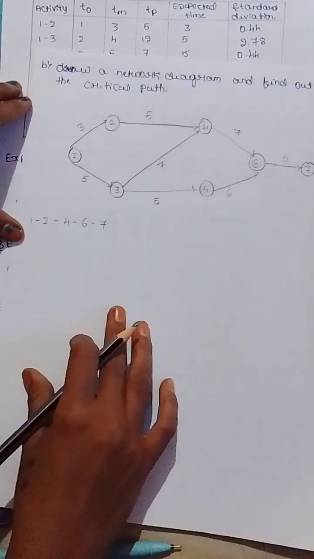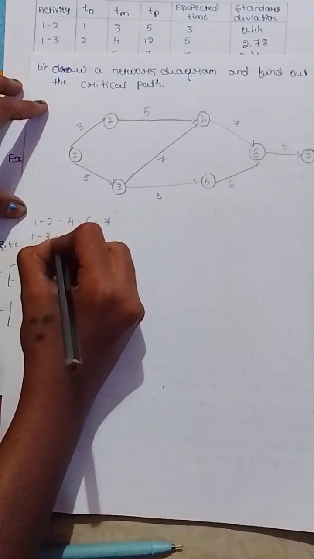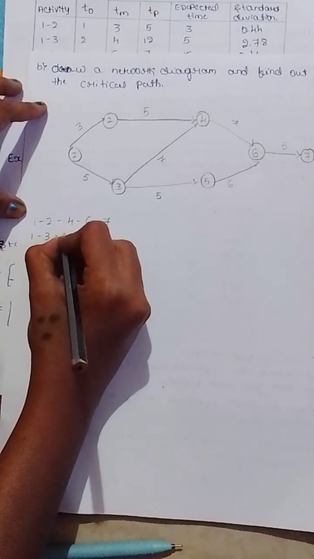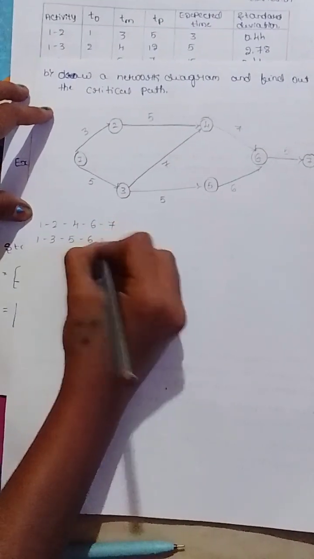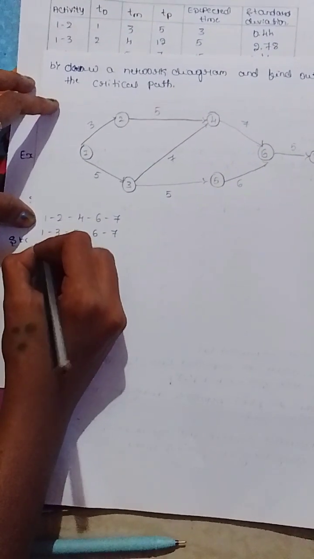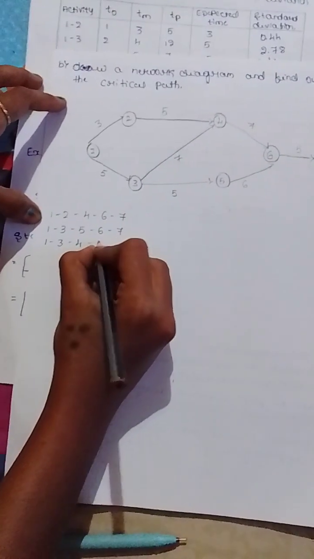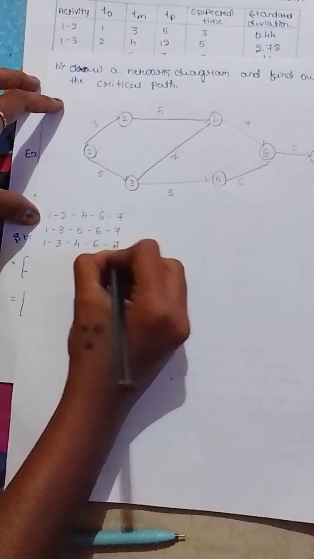This is the one way. And another way, 1 to 3, 3 to 5, 5 to 6, 6 to 7. This is the second way. And the third way is 1 to 3, 3 to 4, 4 to 6, and 6 to 7.